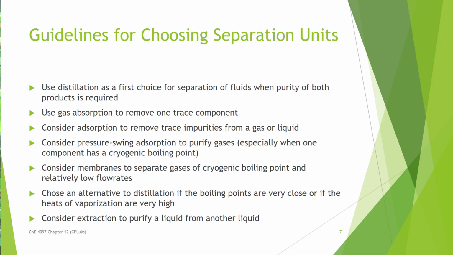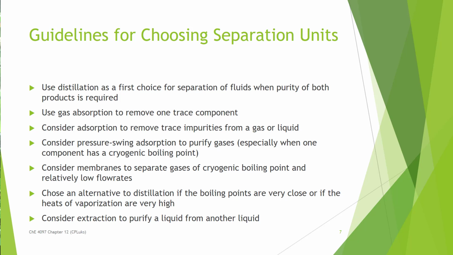So there are a lot of guidelines that we use, and we generally use distillation as our first choice of separation for fluids when we need something pure for both products. So distillation is going to be our first choice. We're going to use gas absorption if we're just trying to remove one trace component.